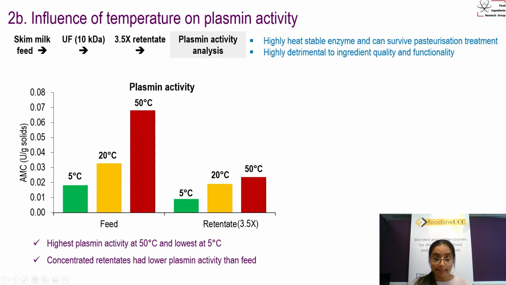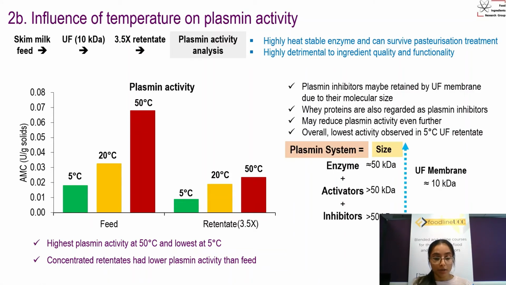So why is that? This could be due to the molecular size of various enzyme components of plasmin system, which consist of inhibitors as well as activators apart from plasmin itself. Since the UF membrane is very tight, which is what I used is 10 kilodalton, which is way smaller, plasmin inhibitors may be retained by UF membrane due to their molecular size.